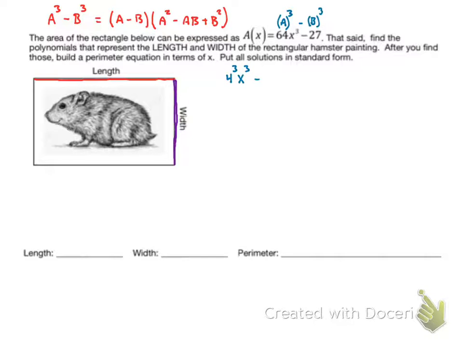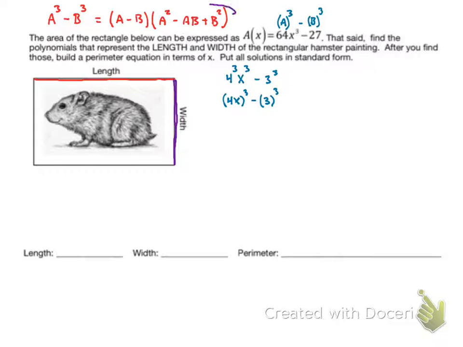If we think of what number to the third power gives 27, it's going to be 3 to the third power. So what we're looking at is 4x cubed minus 3 cubed. And that's the difference of our two squares. Oh, sorry, the difference of our two cubes.